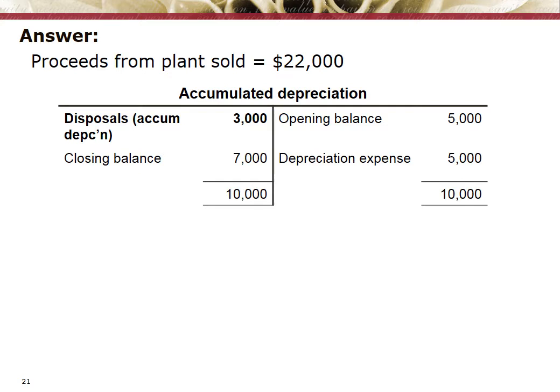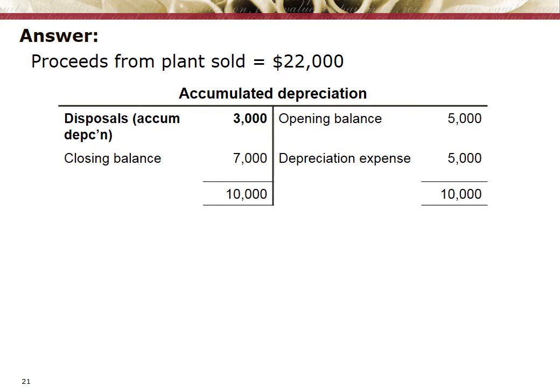However, the depreciation expense is $5,000, so that doesn't coincide with the same amount. It's increased by $2,000, but the depreciation expense is $5,000. So the difference between the two must be due to a disposal of property, plant and equipment, because that's the only reason the accumulated depreciation account would decrease. When you remove an asset from the accounts, you remove its respective balances.